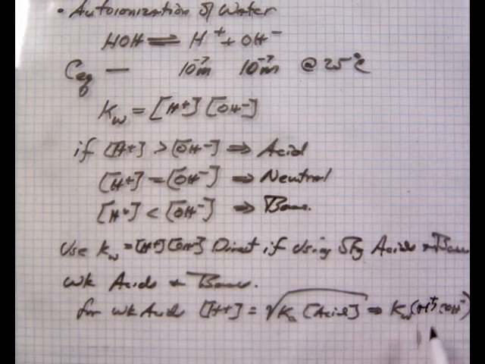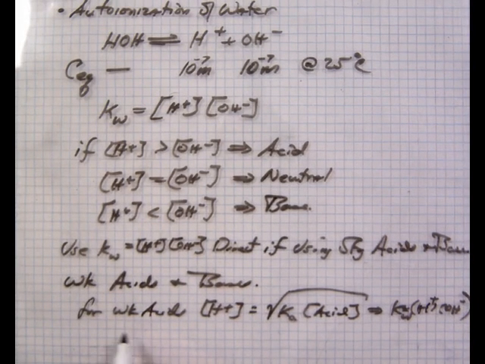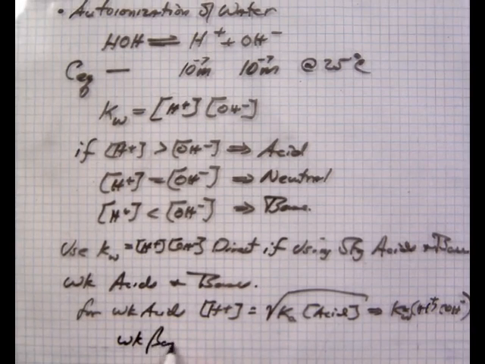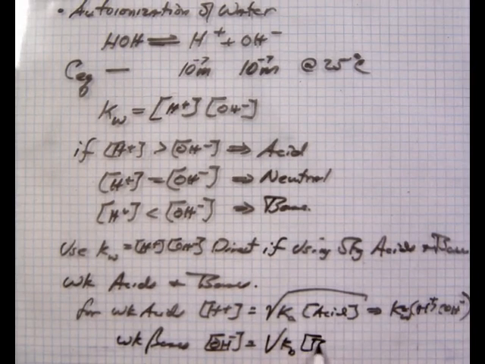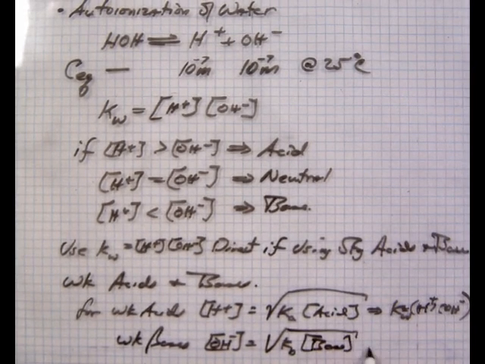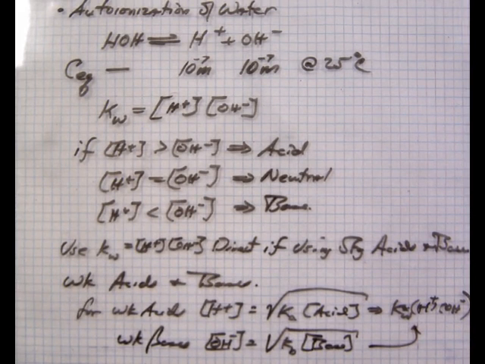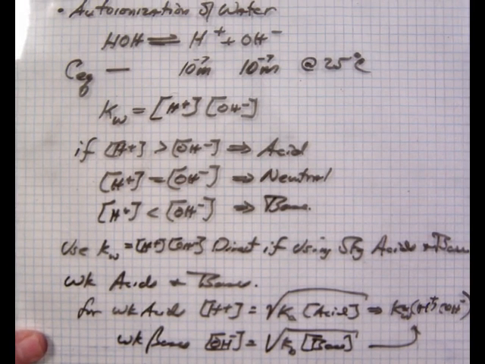I can write it down, right? Okay, everybody on that? Now you have to be able to recognize weak acids and strong acids, and then make a decision on how to solve the problem. And of course, for weak bases, don't forget the hydroxide concentration is the square root of Kb times whatever the weak base concentration is. Then, if the problem requires it, you go to the Kw expression. But in weak acids and bases, you have to put in those square root formulas to get to the Kw expression. But in the strong ones, you can go straight there.